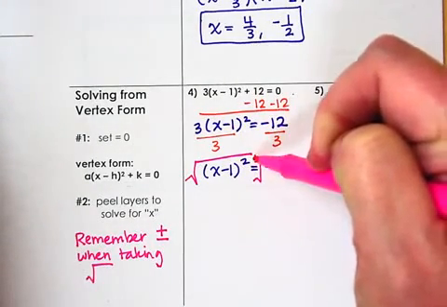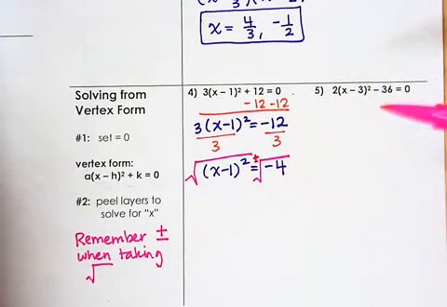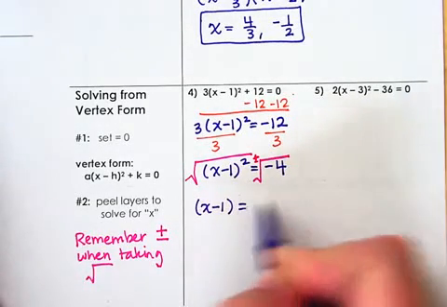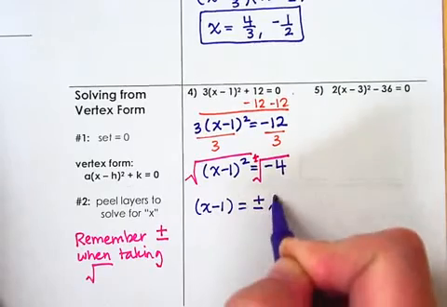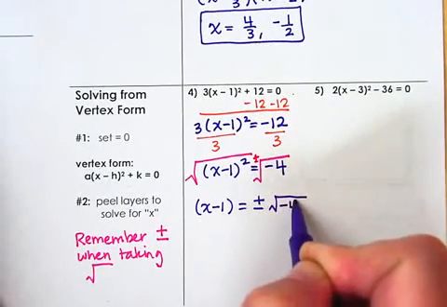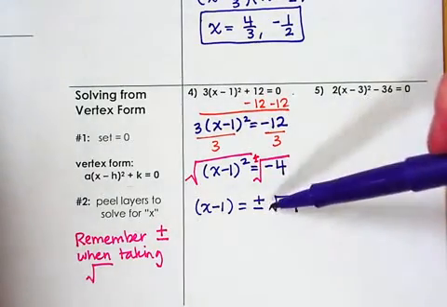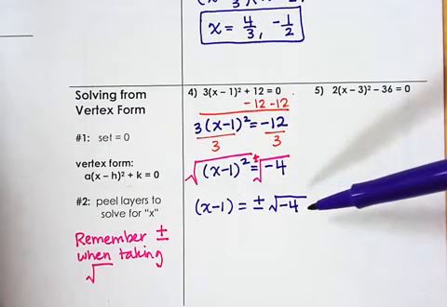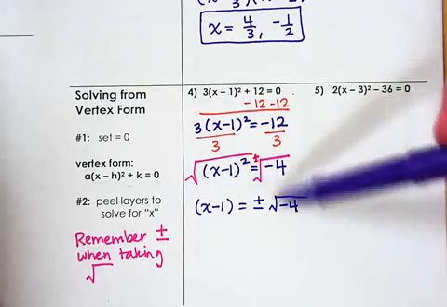It's going to be tucked right in there, the plus or minus sign. Let me rewrite that so you can see. So what this really means is I have just the x minus 1 equals plus or minus the square root of negative 4. Okay, that plus or minus has to be in there because we don't know if it was a positive or negative that started this problem.